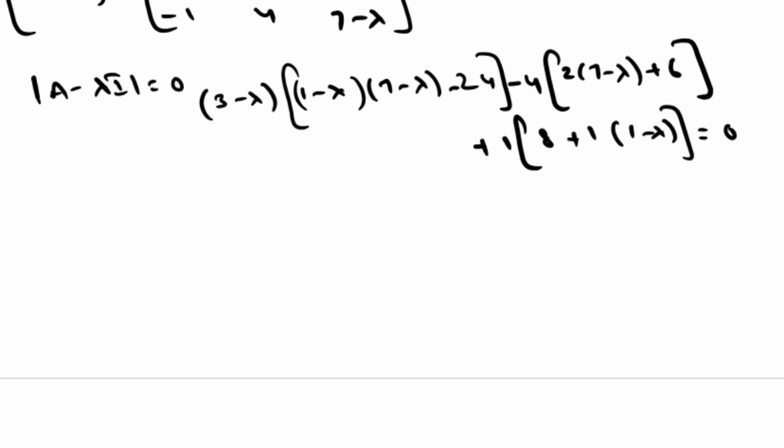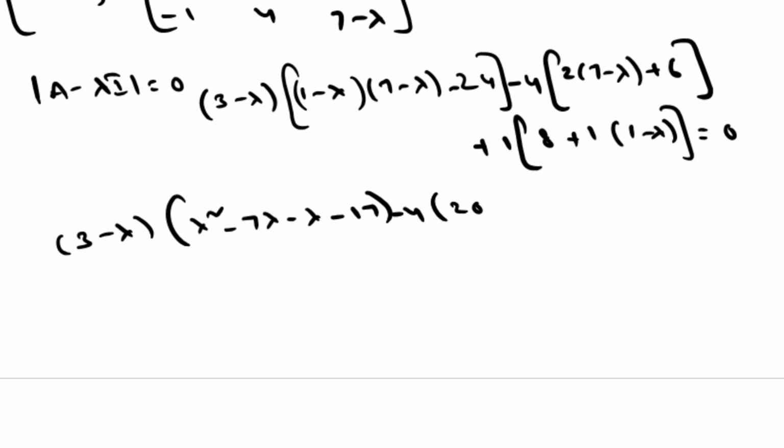Which is 3 minus lambda into lambda square minus 7 lambda minus lambda minus 17, minus 4 into 20 minus 2 lambda, plus 9 minus lambda is equal to 0.